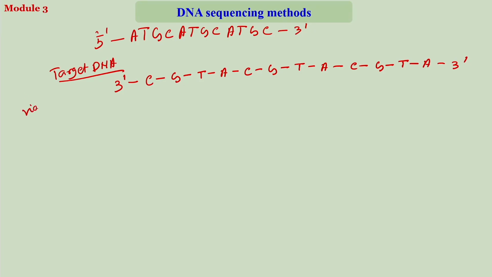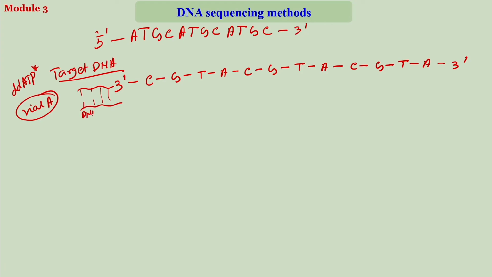Let us consider vial A, where you had added the ddATP and that had a radioactive label. So what will happen? Let us say there was something else here, the other part of the DNA that we are not considering, and here the DNA primer was bound, because you had to start with a DNA primer.